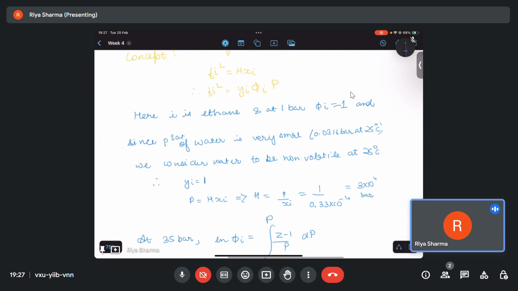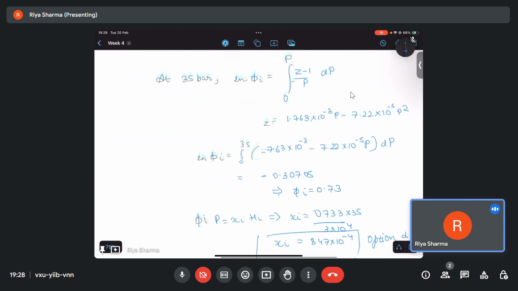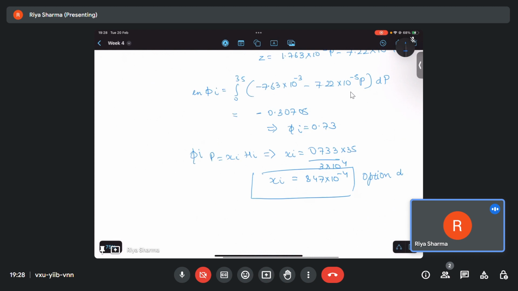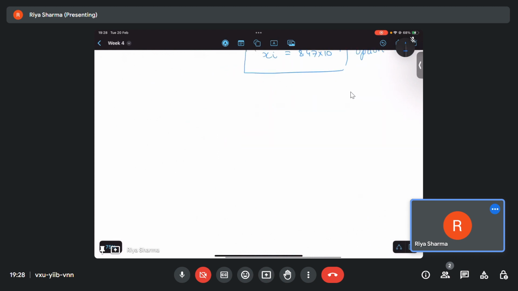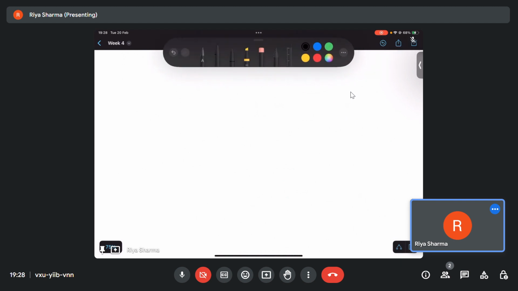Here the main concept was that if it is small, it will be non-volatile. If it is high, it will be volatile. It was an easy question, but if you see it with that perspective, it was a good question. So this is a homework question.